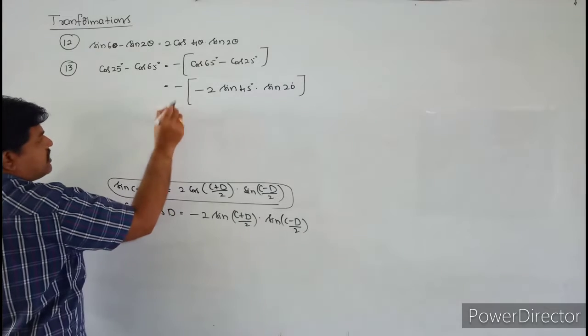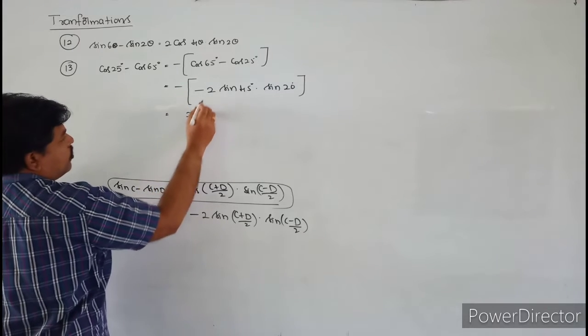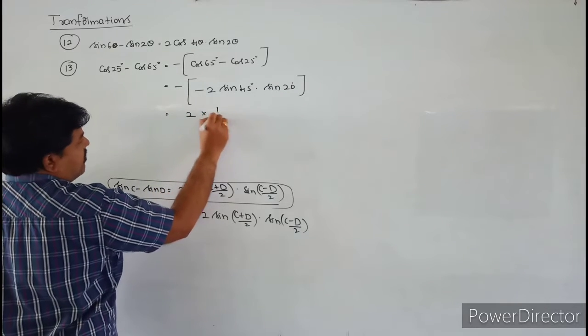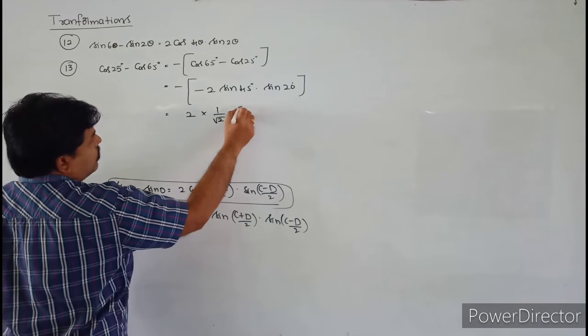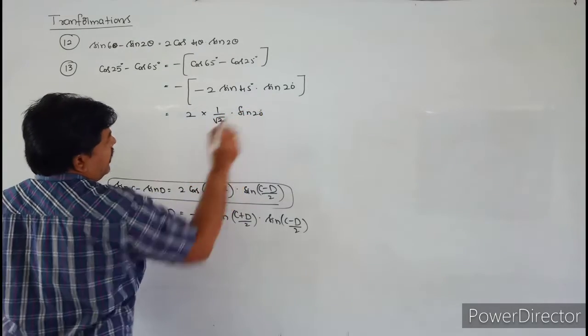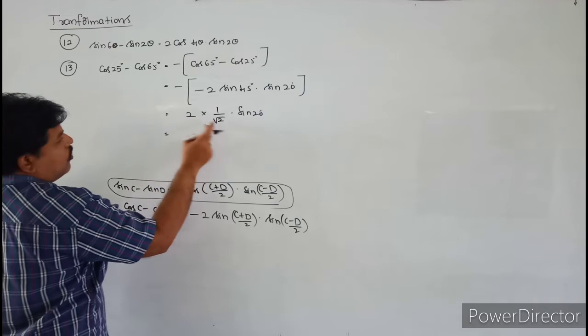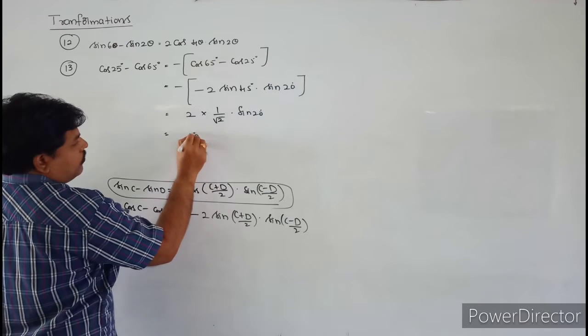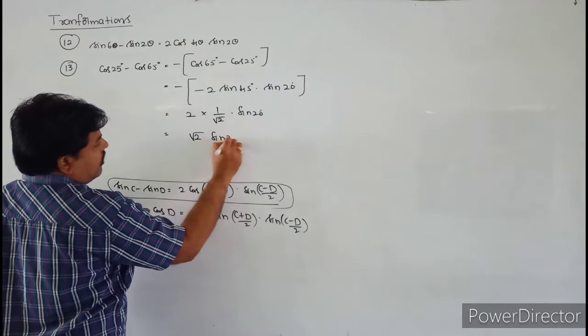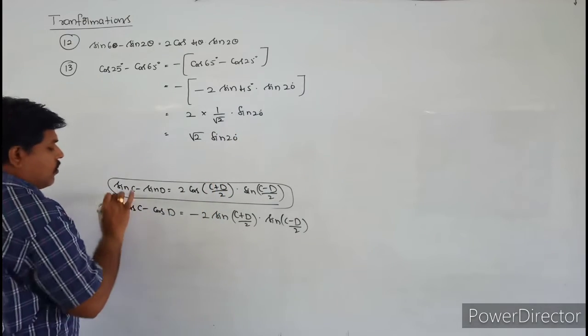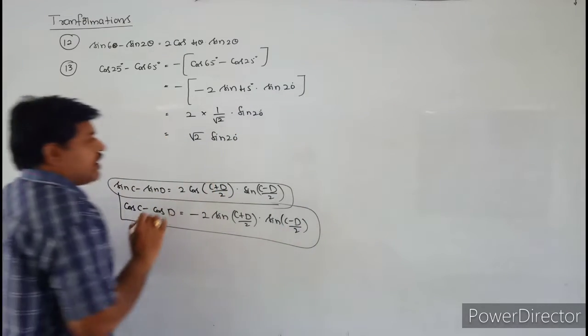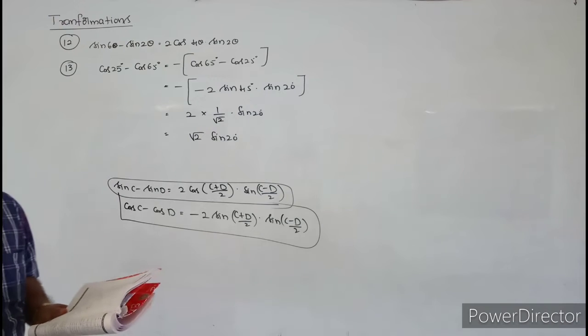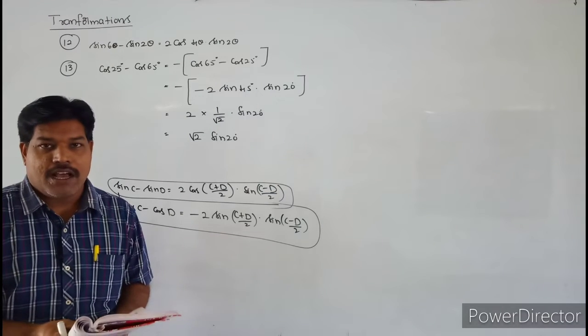Minus of minus becomes plus, so 2 into sin 45, which is 1 by root 2, into sin 20. So 2 by root 2 is root 2 into sin 20 degrees. Use this formula and you will get the answer in one step. The answer is option 2.